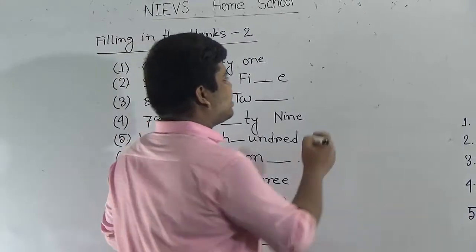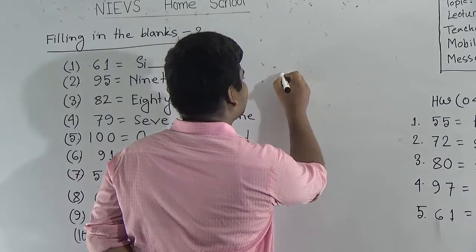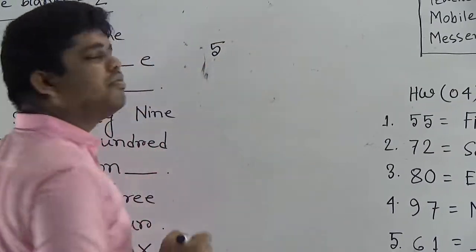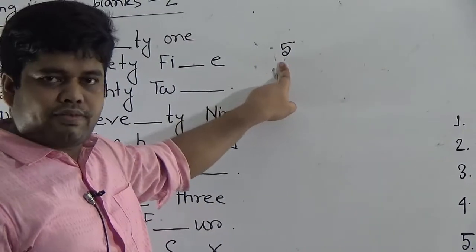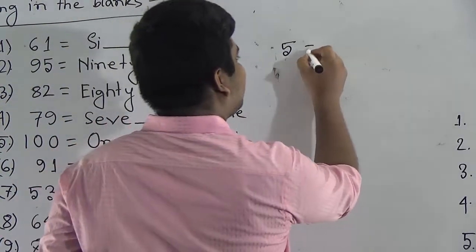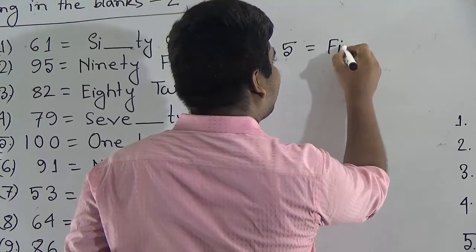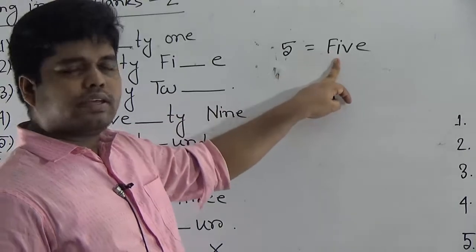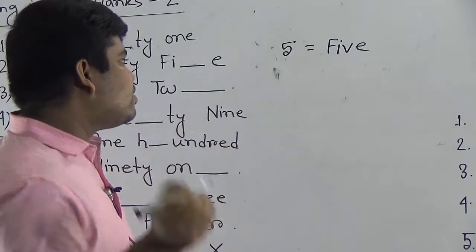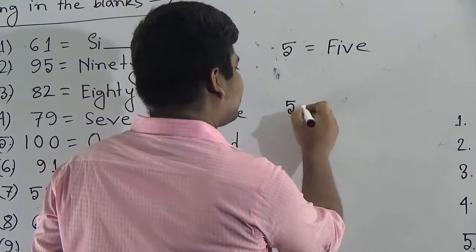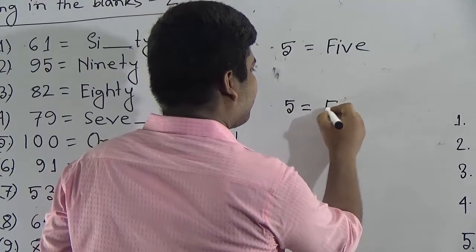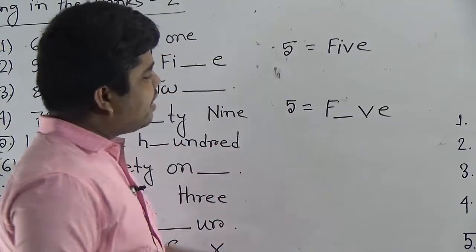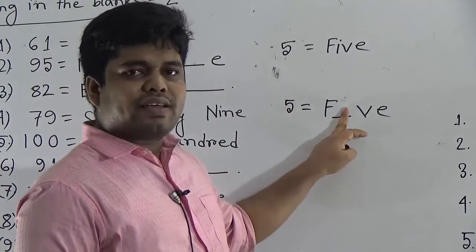My dear students, notice this is 5. If I write it in words, then it will be FIVE, 5. Now if I write here F gap VE, then one letter is absent.